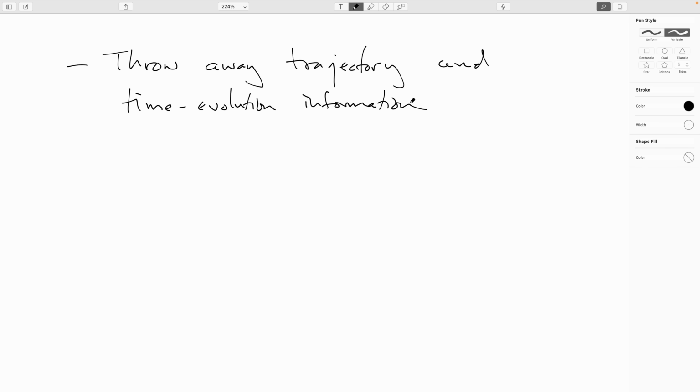By time evolution, I mean where some object was at a particular time. So in this case, the total hang time, or even just plain like what time you were at the top of the trajectory or anything like that. You cannot get that information by energy analysis. You just can't.